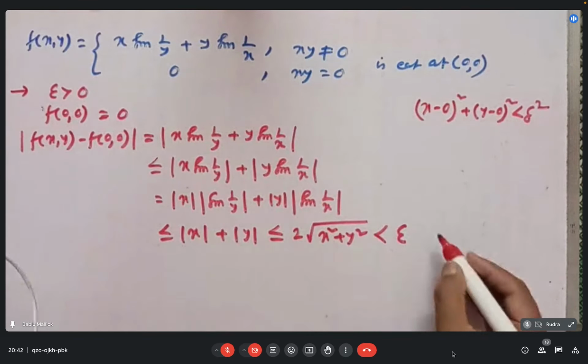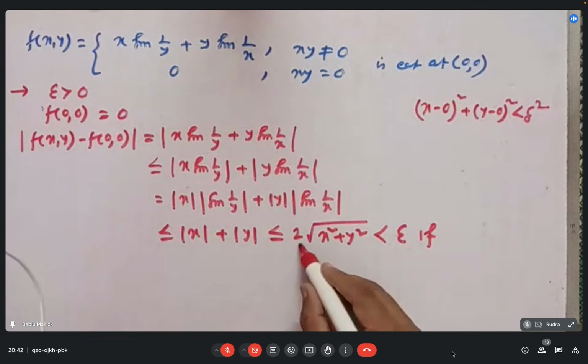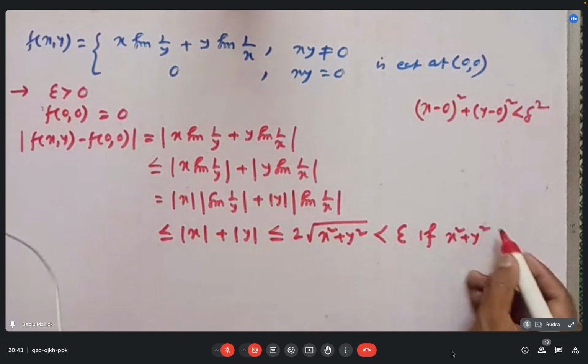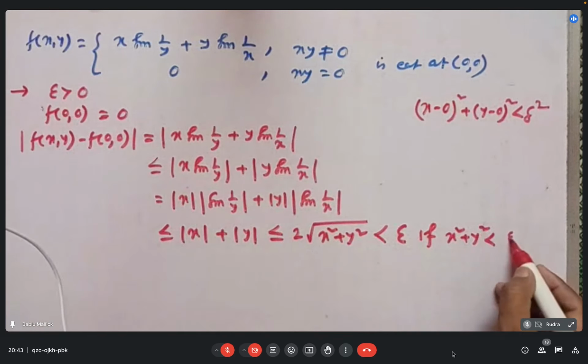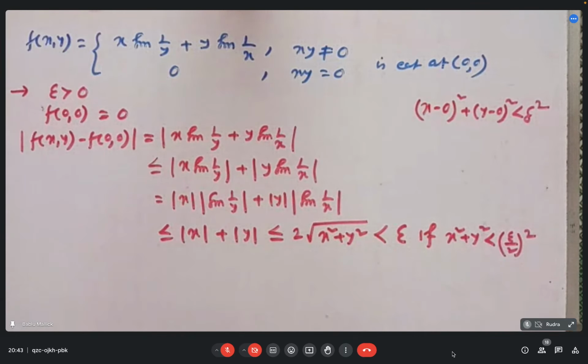So this is less than epsilon if, dividing by 2, we get root of x square plus y square less than epsilon by 2, that is, x square plus y square is less than epsilon by 2 whole square. So we shall take delta equal to epsilon by 2.